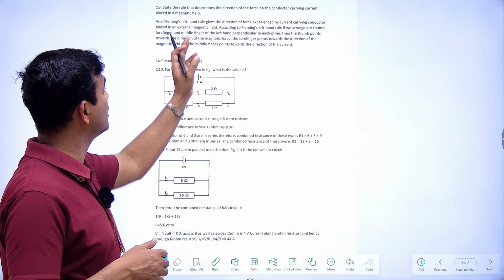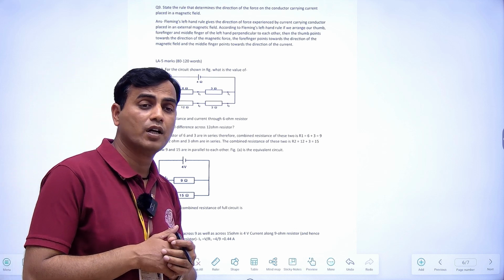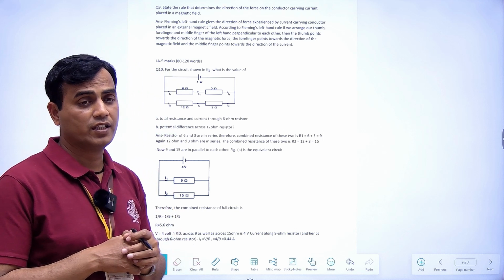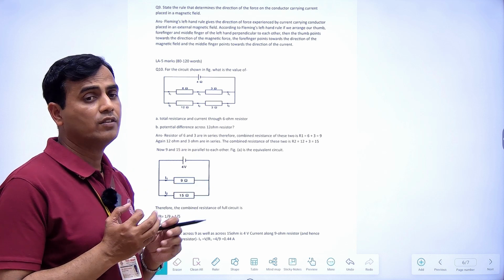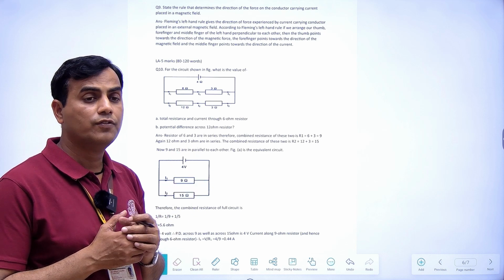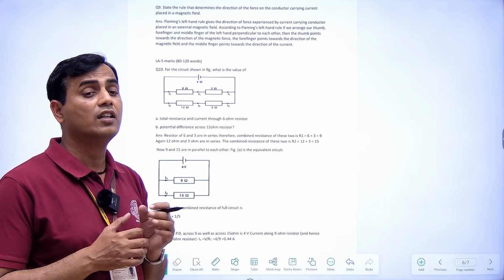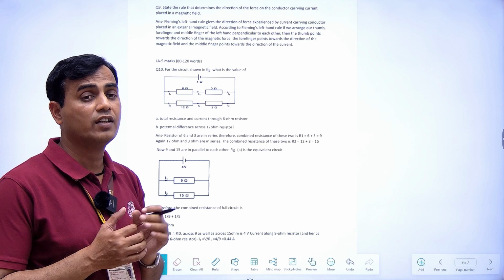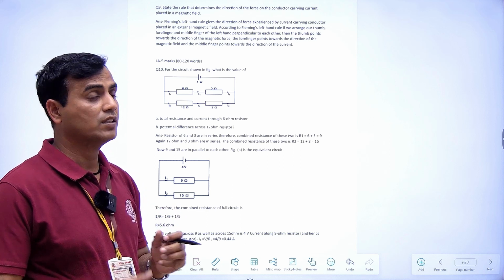But I have chosen here the theoretical part, which is most prominent to come in this particular section, as we have right hand thumb rule, left hand rules, and the effect of force, and when magnetic field will increase, the effect on magnetic field, current, turns, all these things will come.